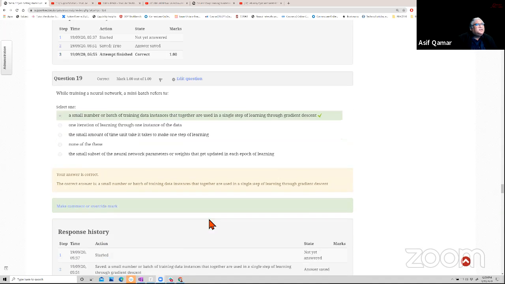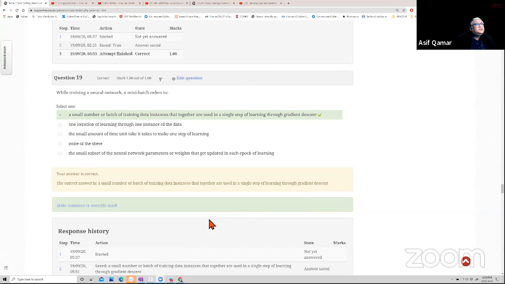While training a neural network, a mini batch refers to, by definition, a small bunch of training data. The implicit assumption is that its size is between 1 and the size of the data. Usually it's very small: 4, 8, 16, 32, 64, stretching it, 128, and that's about it. You don't make batches of, let's say, 1 million, even if you have 1 billion data points.